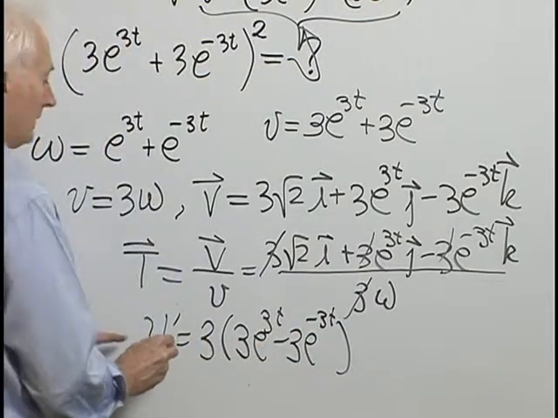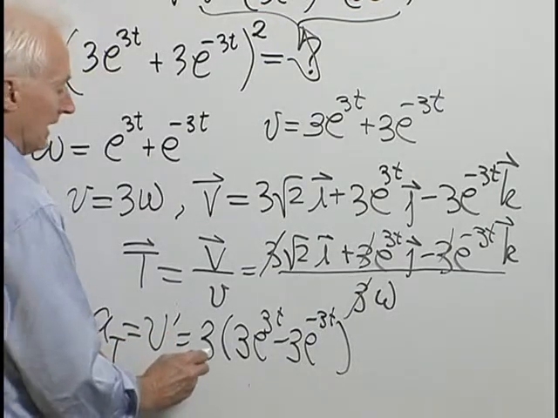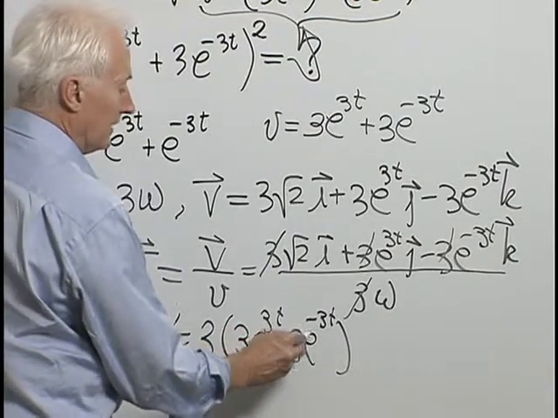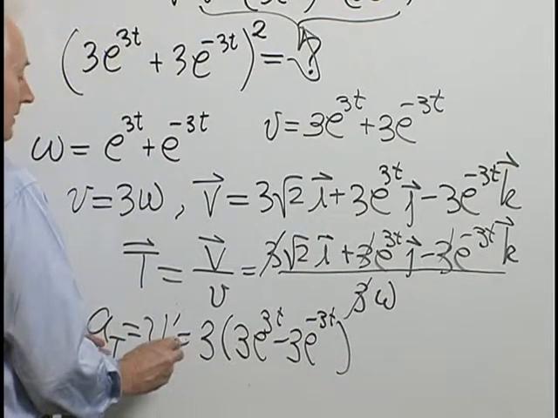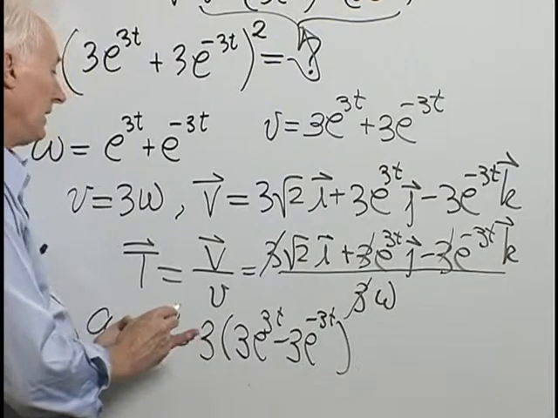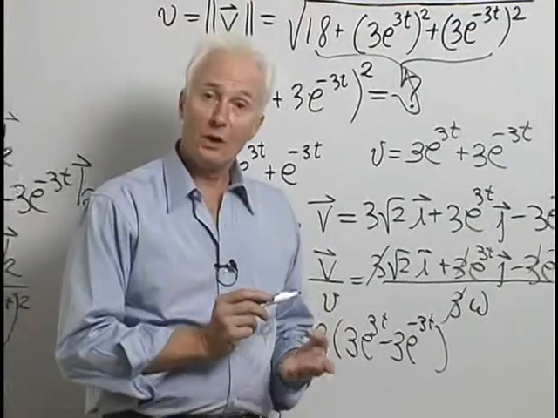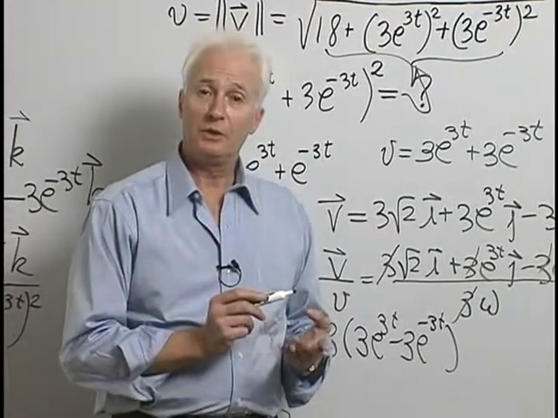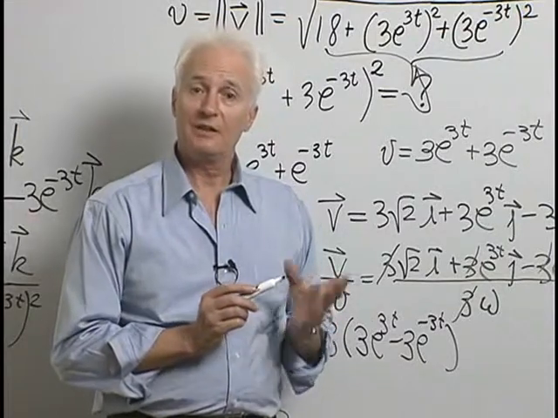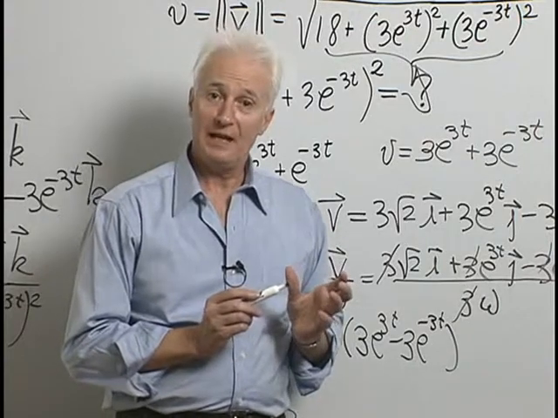And so our tangential component of acceleration, a sub t, is 3 times the quantity 3e^(3t) minus 3e^(-3t). And so we've now found an expression for our tangential component of acceleration. What we have to do next is to compute the normal component of acceleration, which we'll do using the formula that the normal component of acceleration is the length of v cross a divided by the length of v. So let's do that next.